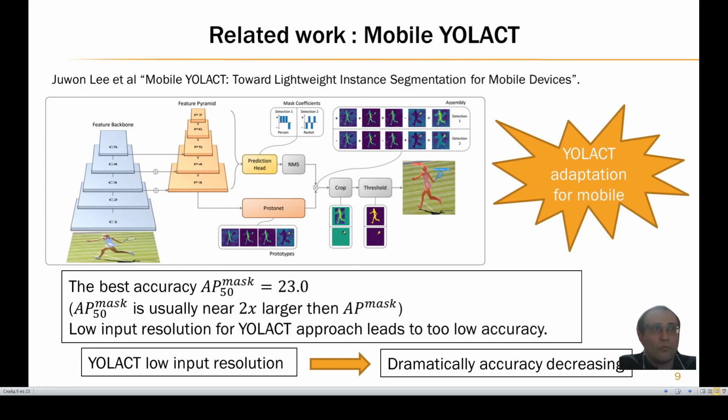And as we show below, our approach is more than twice more accurate than Mobile YOLACT and has even faster speed on the same mobile device the Mobile YOLACT authors used. All these facts prove that using a lightweight backbone and low input resolution for the YOLACT approach leads to low accuracy.